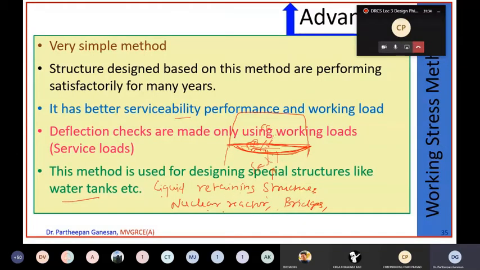For example, if you are carrying acid inside a nuclear reactor or some other structure, and there is a crack, it is going to leak out and produce enormous consequences on the environment. So that is why you have to design based on working stress method for water tanks, liquid retaining structures, bridges, nuclear reactors, and other structures as well.